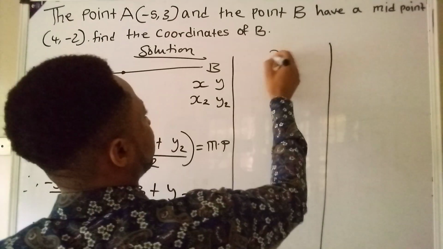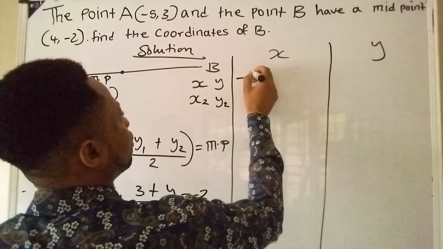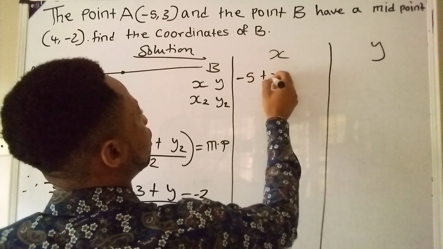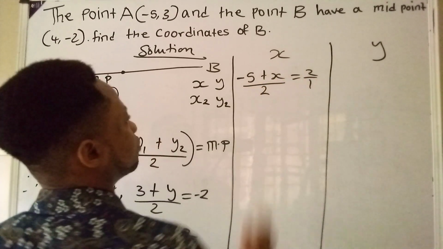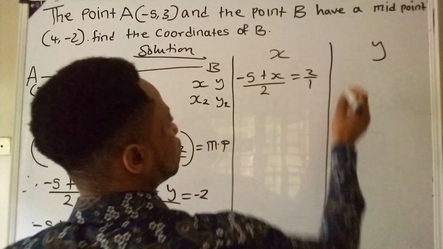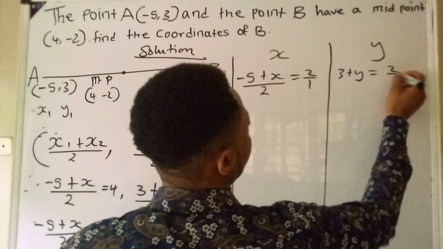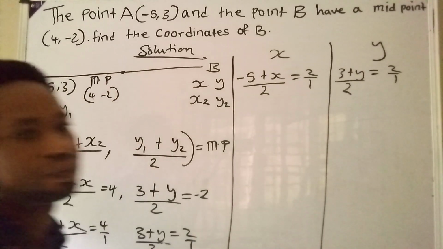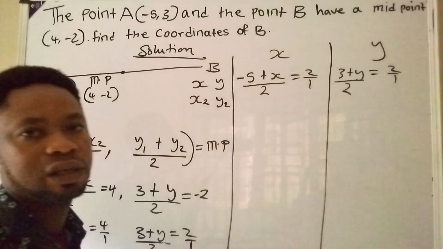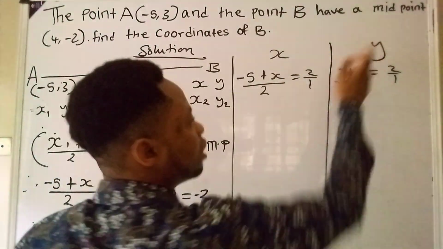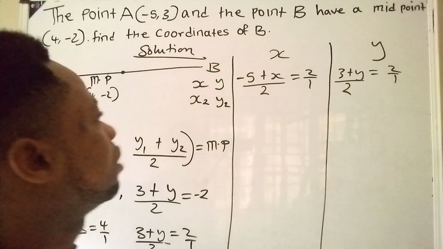Now we have -5 plus X equal to 4 over 1 over 2, and 3 plus Y equal to -2 over 1 all over 2. I decided to separate it so that you can understand it very well, in the same way solving for X and Y. Now we have two fractions representing X and Y.